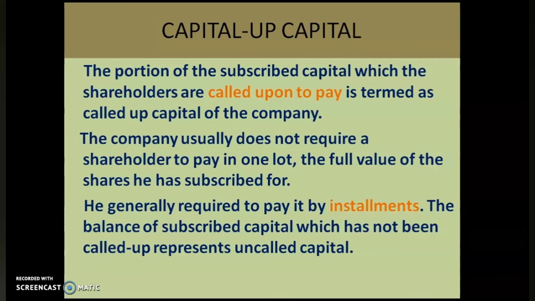So if they are collecting the capital in installments, that is, more than one time period, it is to be remembered that whenever they call for an installment, it is called as called up capital. So more than one time they can make the payment of capital money.